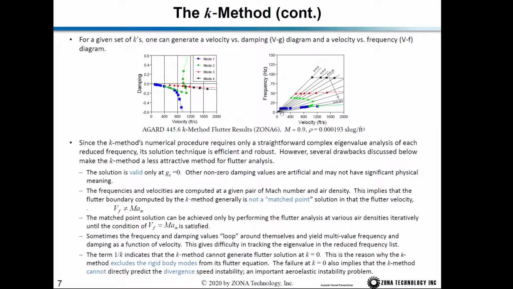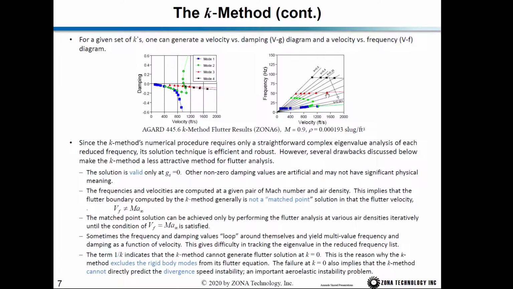So for a given density and a given reduced frequency, if we have 4 modes, we can solve 4 eigenvalues. So we have 4 frequencies at different velocities, and we have 4 sets of damping. Then you plug in a different reduced frequency, and we have another 4 sets of frequency and damping.